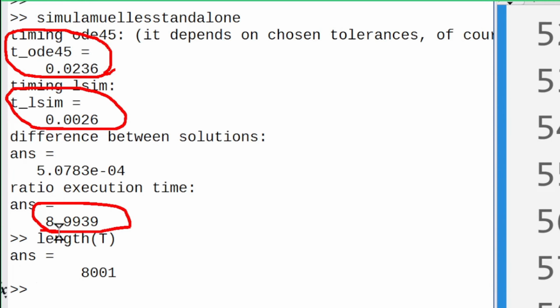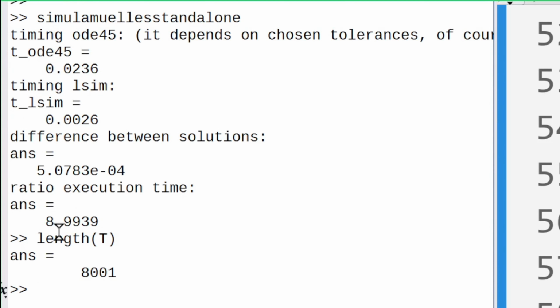It seems that on average, the lsim command is quite a bit faster than ode45 because lsim can use explicit exponential formulas, whereas ode45, as it needs to be valid for nonlinear systems, needs to do more complicated operations.